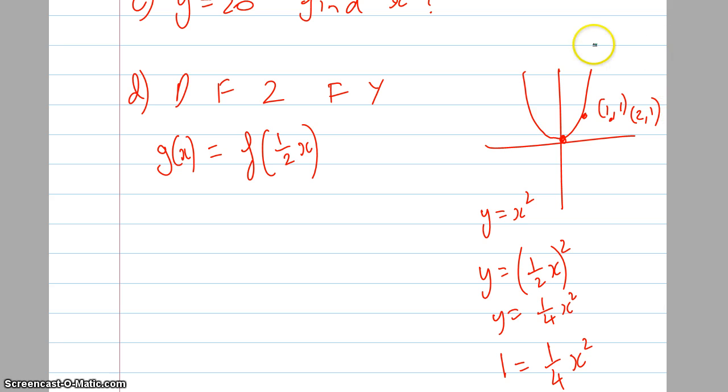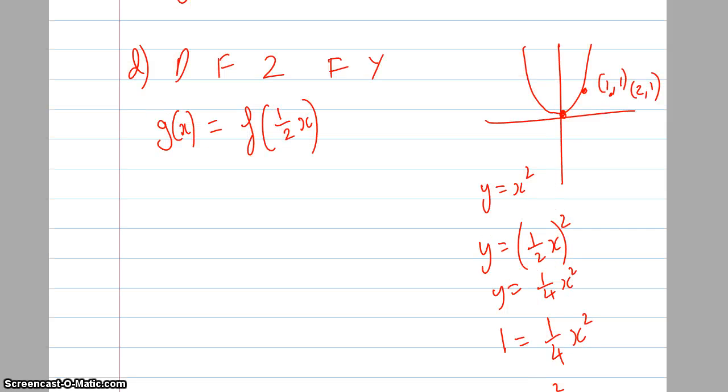And if you can get that, the way I've explained it here, that's fantastic. If you don't get it but you know what to do, then that's also okay, because in the exam they're not really going to ask you to explain why it happens, they're just going to ask you to do it. So it's better if you understand why and you can explain why, but if you don't and you just do it, then that's okay as well.